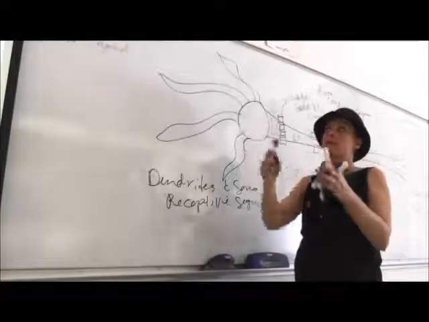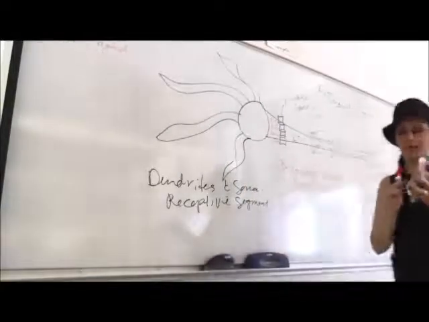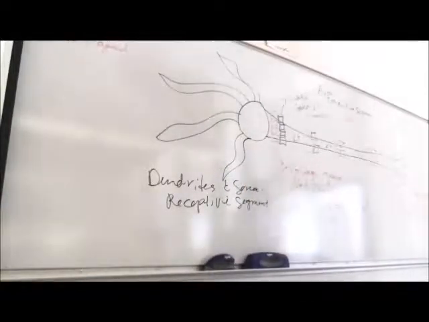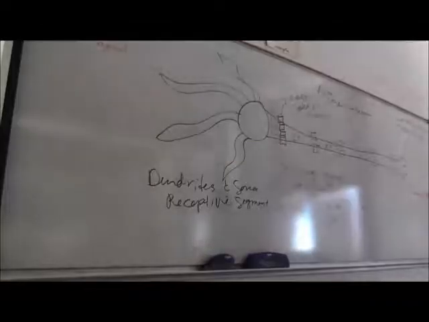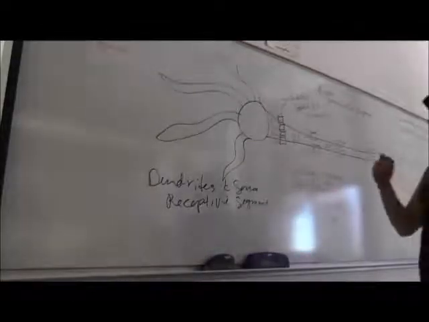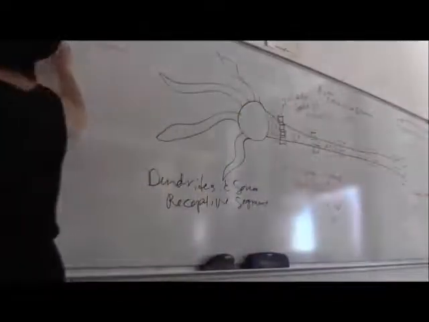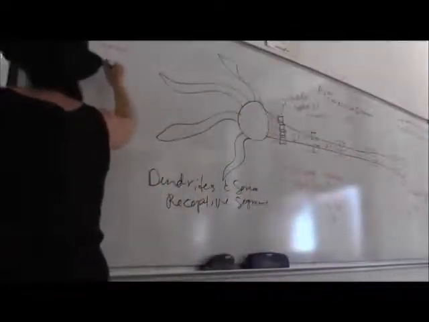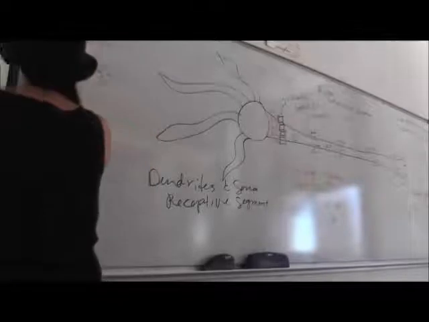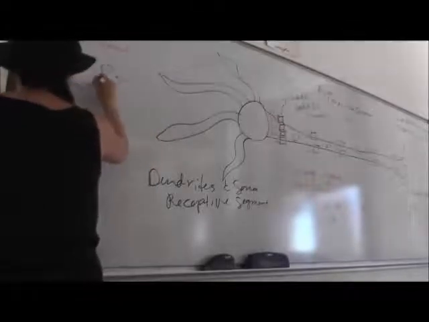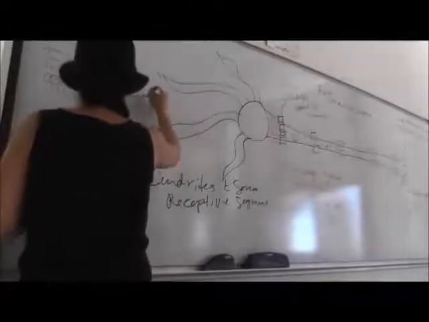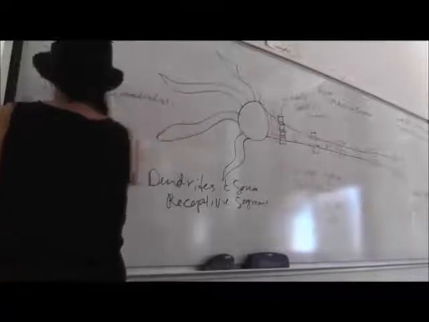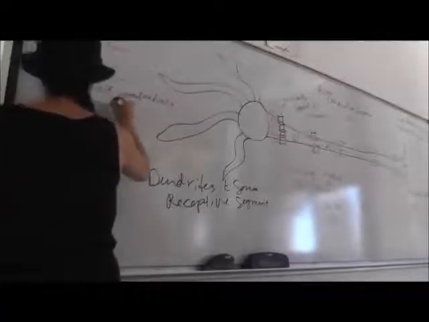The first is going to give us what's called an excitatory postsynaptic potential. So our excitatory postsynaptic potentials are little depolarizing events that move us closer to threshold. So an EPSP is an excitatory postsynaptic potential, and these are our graded potentials that move us toward threshold.